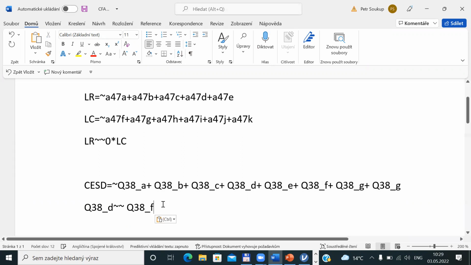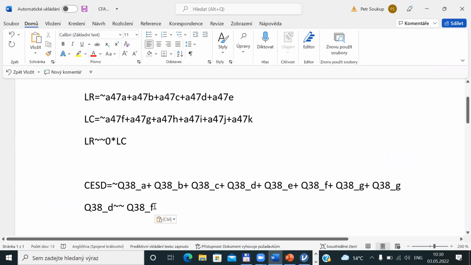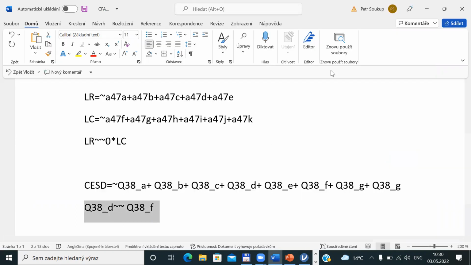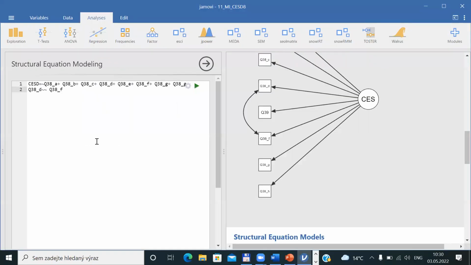So it is the same condition as is present here. So random errors for D and F items should be related. So that's my second condition. Once again, I would copy it into the chat if you would like to use it. And if I go back, I would copy it here into Jamovi.